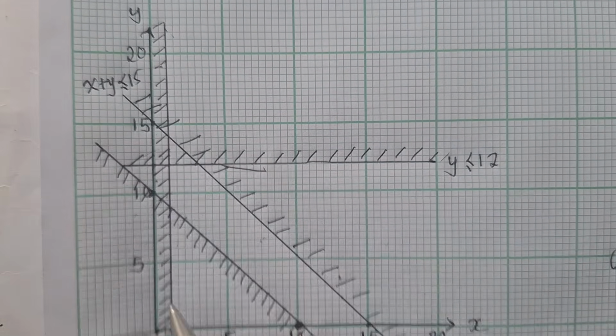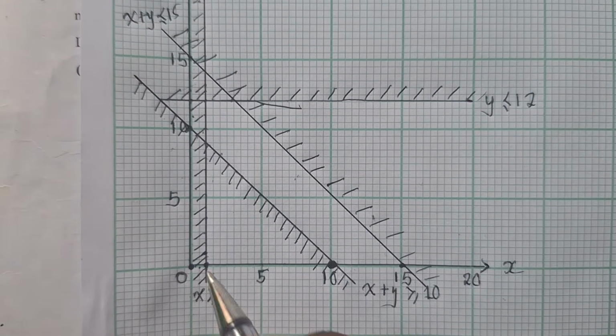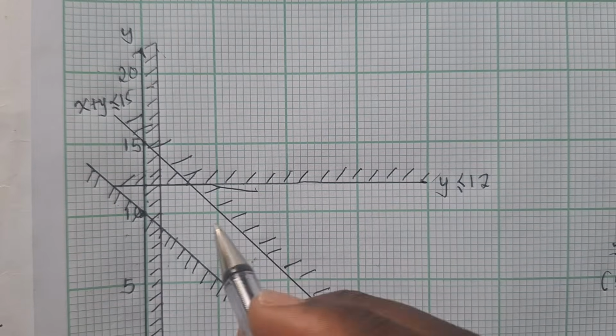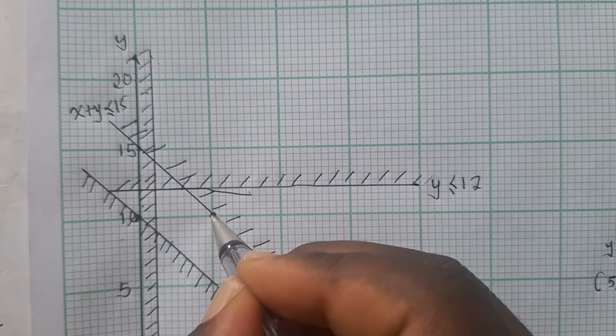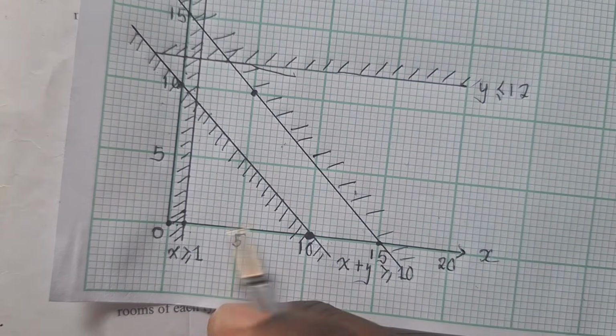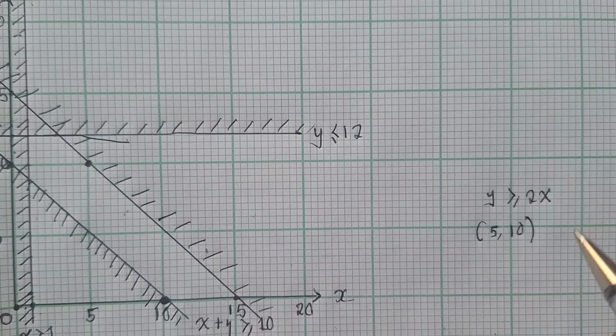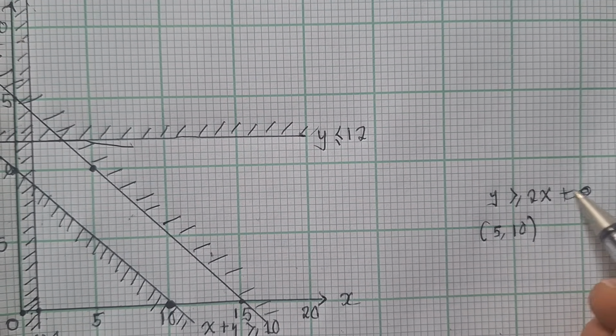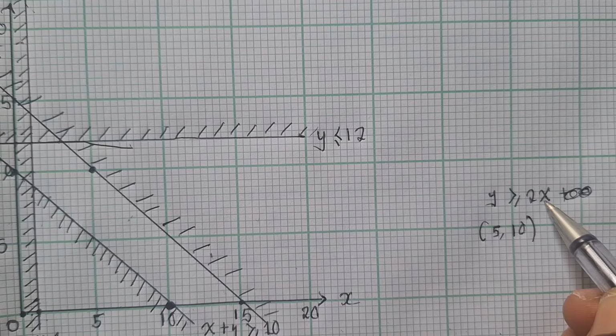I've got that point. I know that it will pass through 0. And then it will be 5, 10. It's right here. This is where it's passing from 0. And how did I get to know that it's passing through the origin? Because we don't have a plus any number or minus any number here. We only have the x and y here.